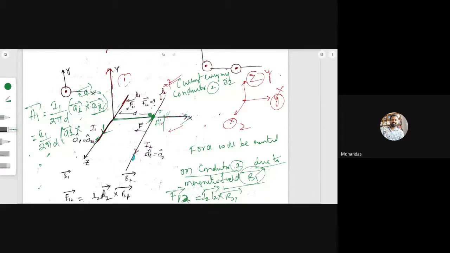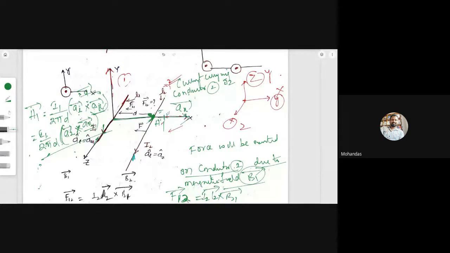As it is on the x-axis, what is the unit vector of x-axis? AX. So AZ cross AX. H1 equal to I1 by 2 pi d AZ cross AX. Did you understand? Rakesh, Ganesh? Yes, sir.